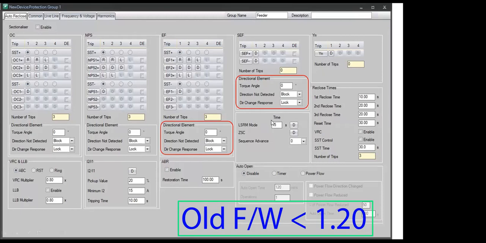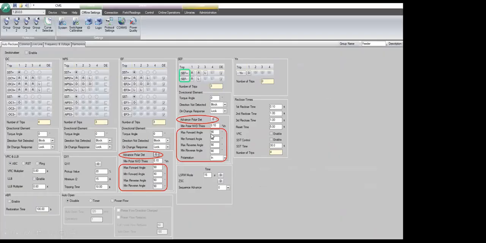There you can see there is a provision to set the torque angle. Apart from that, you cannot set anything. But in our new modified firmware, we have inserted a provision to control the maximum forward line, minimum forward line, max and min reverse line. So we have basically inserted the provision of maximum and minimum forward and reverse angle so that we can control the zone of forward and reverse operational zone.